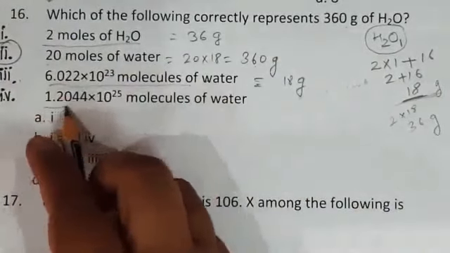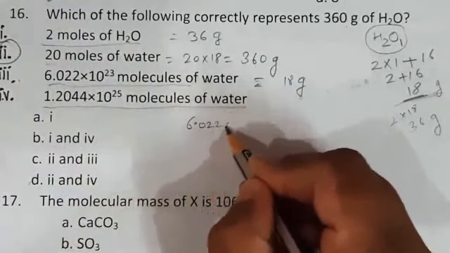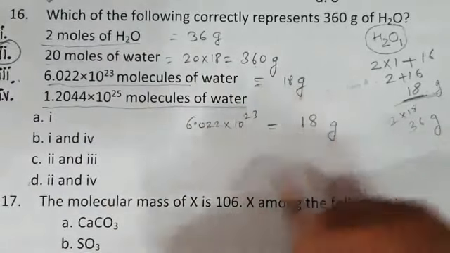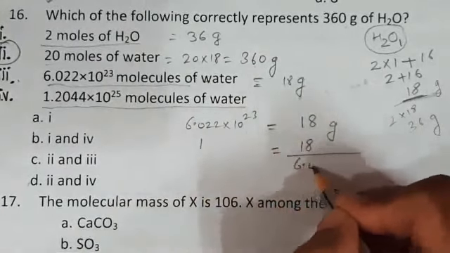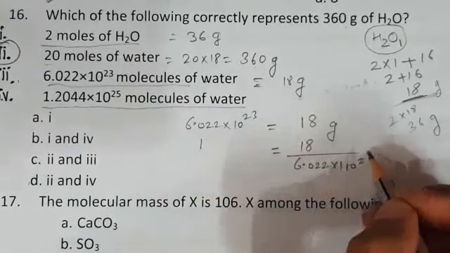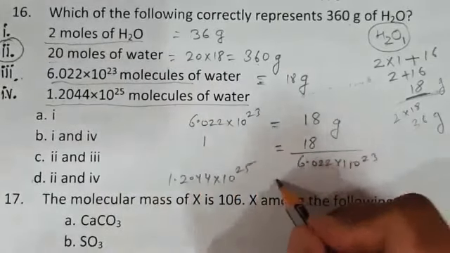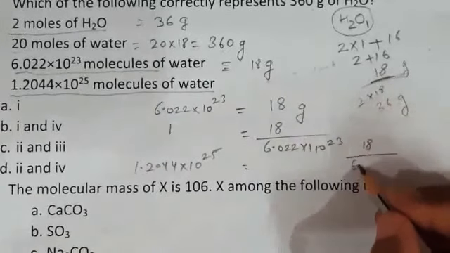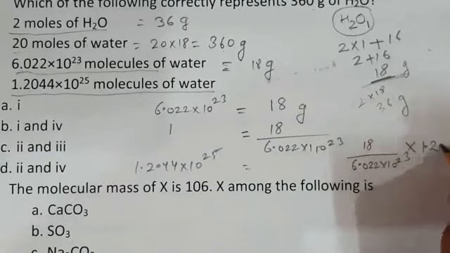Fourth, this much number of molecules of water. For 6.022 into 10 to the power 23 molecules of water, it is 18 gram. For 1 molecule, it will be 18 divided by 6.022 into 10 to the power 23. And for this much number of molecules, it will be 18 divided by 6.022 into 10 to the power 23, multiplied by 1.2044 into 10 to the power 25.